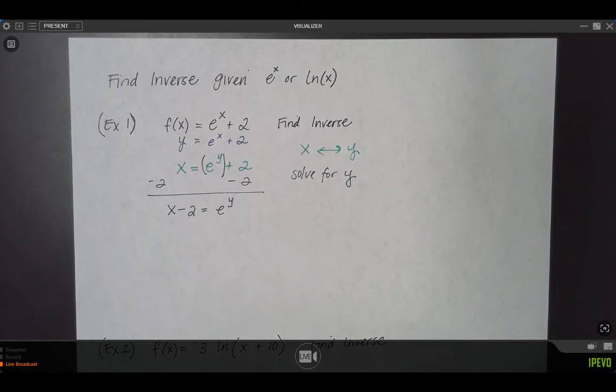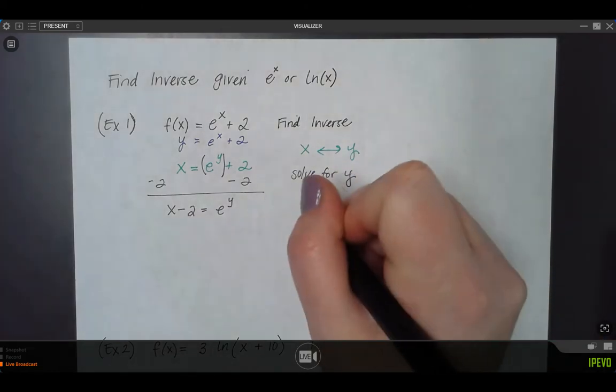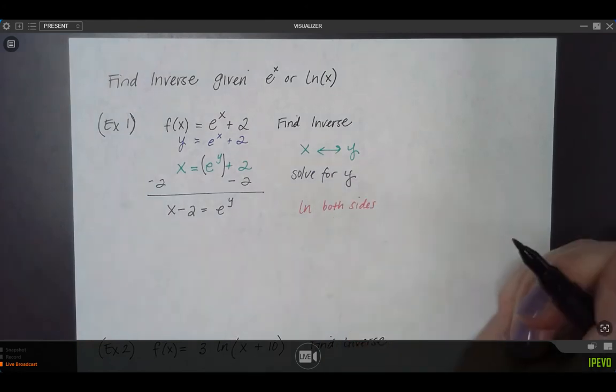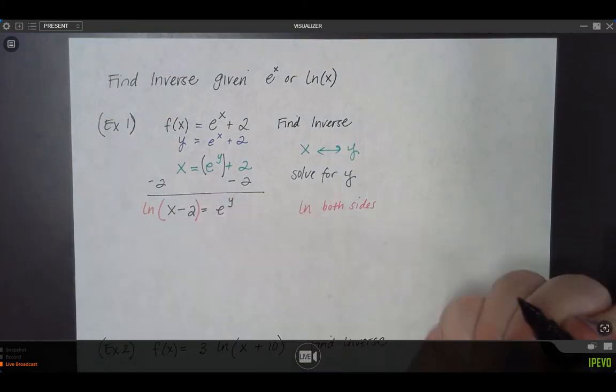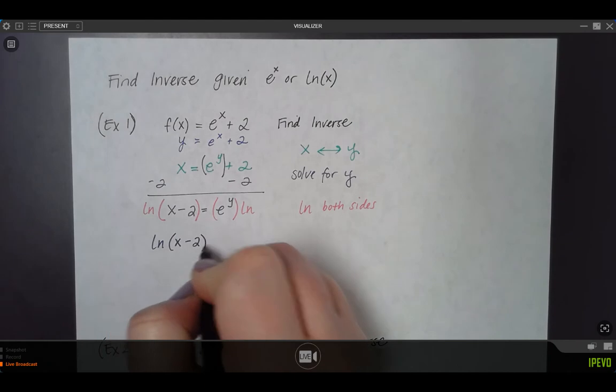Now just a reminder, the opposite of e is the natural log. So if I have an e, I want to do a natural log to both sides. So I'm going to put natural log in the front and put all of this in parentheses. And again, natural log of everything in parentheses. When I simplify that, I'm going to end up with the natural log of x minus 2 is equal to.